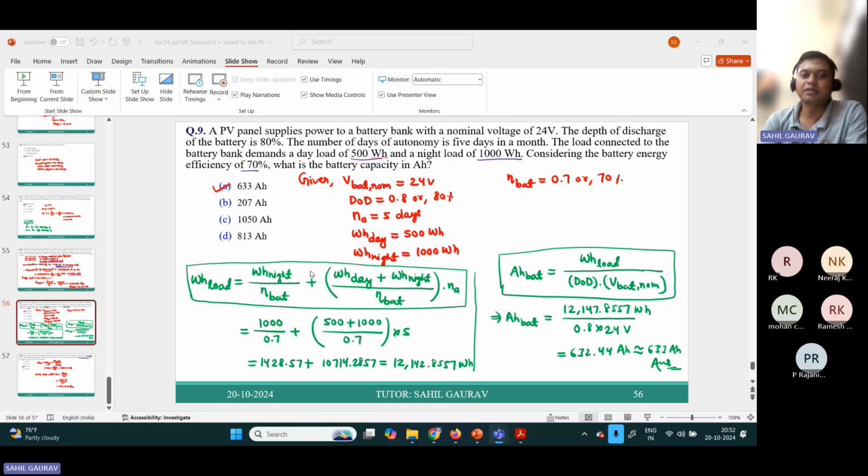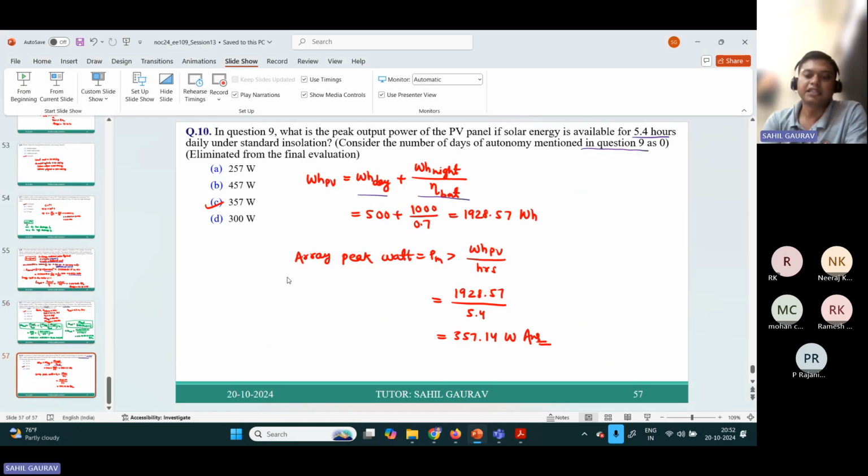And if you know the energy requirement by load from the battery, then you can find the ampere hour rating of the battery. So this expression is a little bit easy. And for designing of PV, this day part comes, because the energy requirement during daytime should be supplied by the PV because the sun is available.